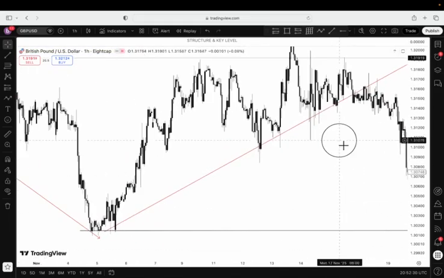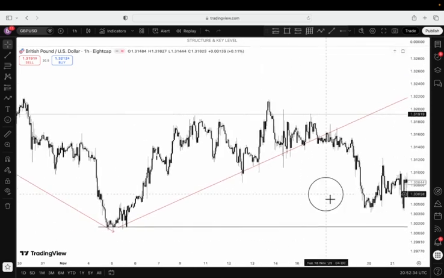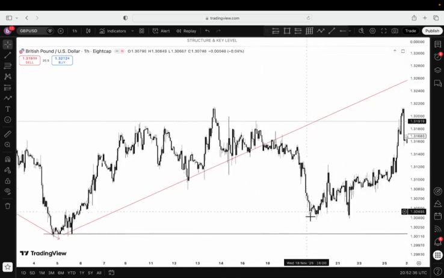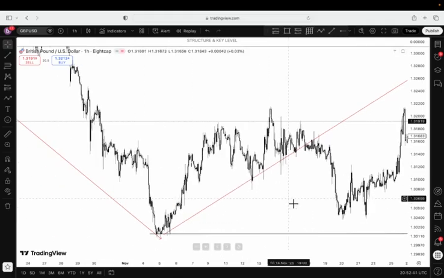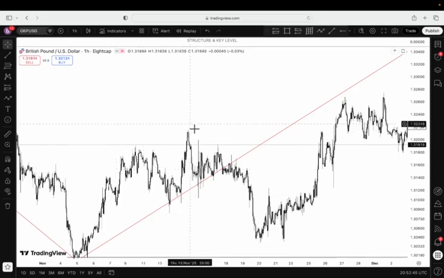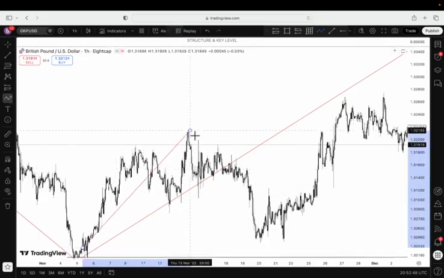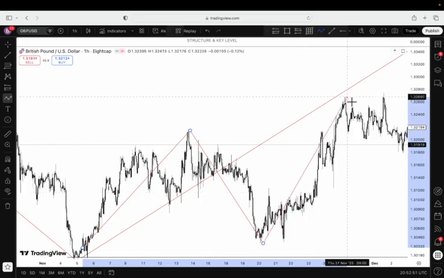So okay, we're going to mark this right now. So this low has taken out all of this, right? Because this is lower than this, so we can't mark any of this anymore. It's just straight from here down here, and then we have this.